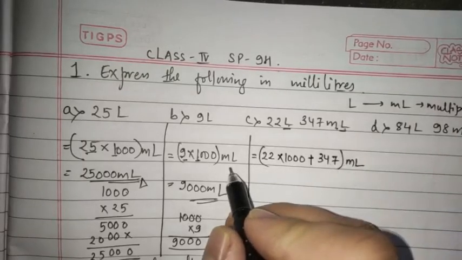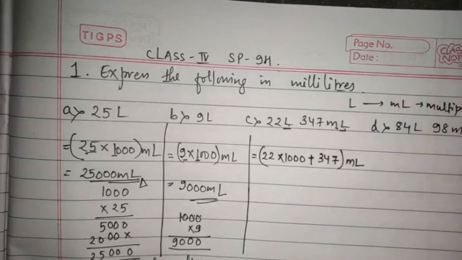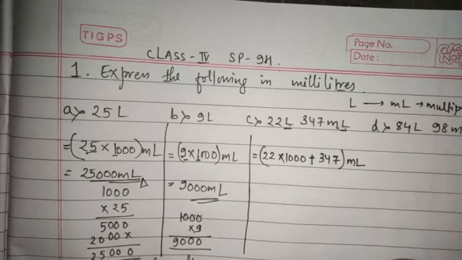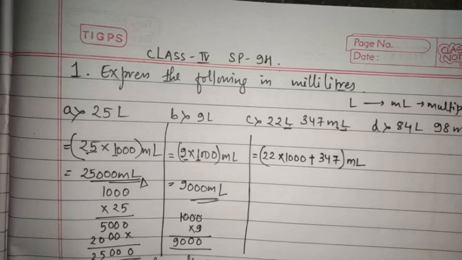Milliliters and liters, in your science, I hope you have studied. These are the two basic measuring units of capacity. Capacity is the measuring of, if you have a jug or mug, in which liquids are kept.